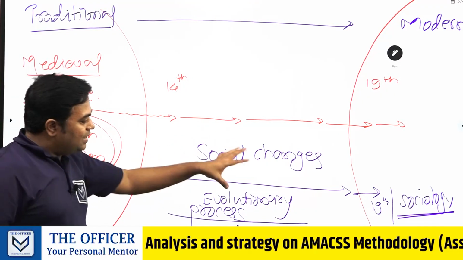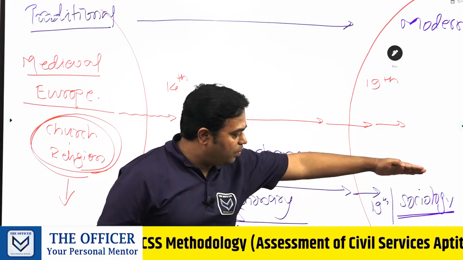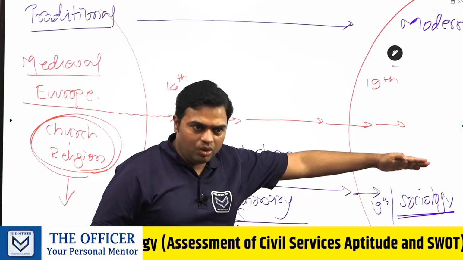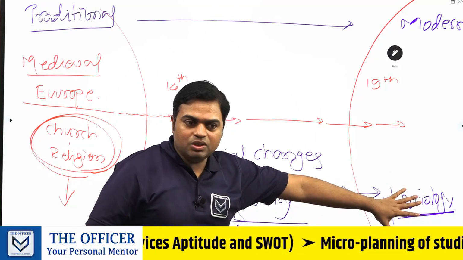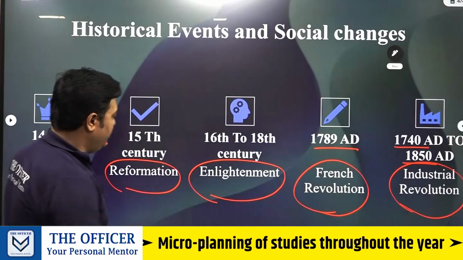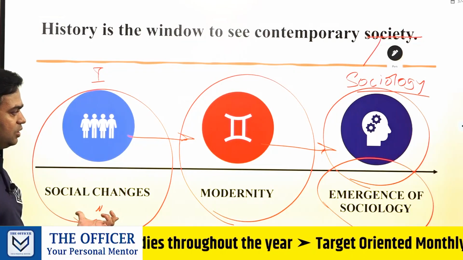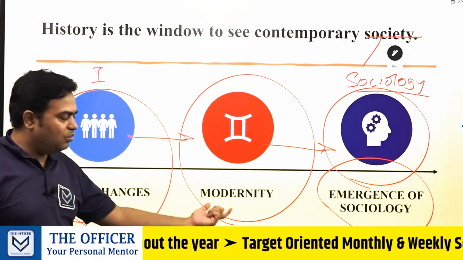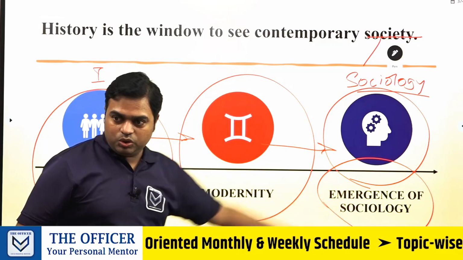All these things were studied by sociologists like Comte, Spencer, Durkheim in the 19th century, which resulted in the emergence of sociology. And that's why, in this diagram we have discussed, first social changes took place in Europe, then modernity emerged, and then it led to the emergence of sociology.